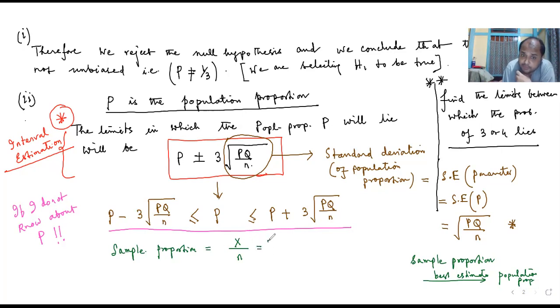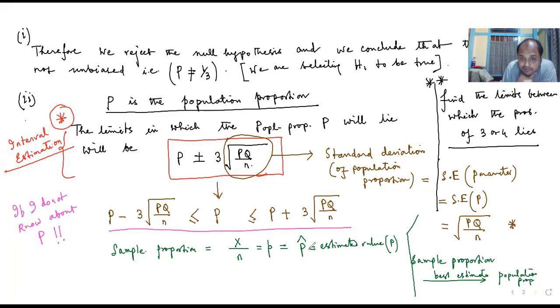If I denote the sample proportion by small p, the formula is capital X by small n. And this sample proportion is actually estimating the population proportion. So we can say that the estimated value of the population proportion is the sample proportion. This notation is called the estimated value of capital P.